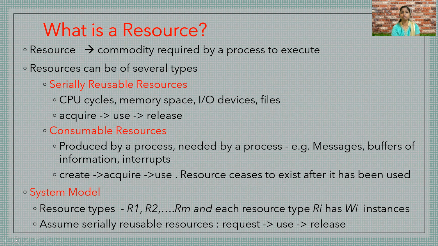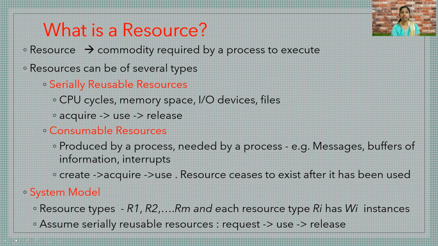Whereas consumable resources are those that, once produced by a process, are consumed by another process and never reused. It could be messages sent from one process to another, or it could be interrupts. In such cases, these resources do not exist after they have been consumed by the other process.